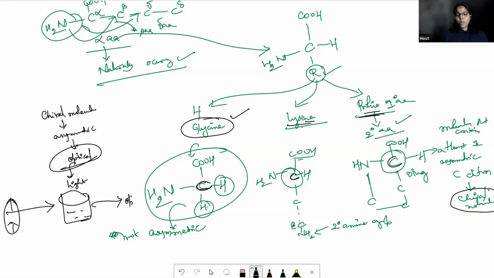That is the optical property. If it is going to rotate it in the right-handed fashion, I mean, if it rotates in the clockwise direction, we call it dextrorotatory. If it rotates in the counterclockwise direction, we call it levorotatory.